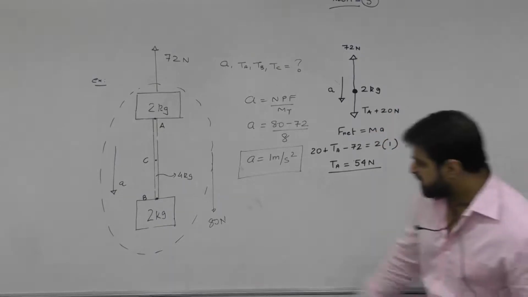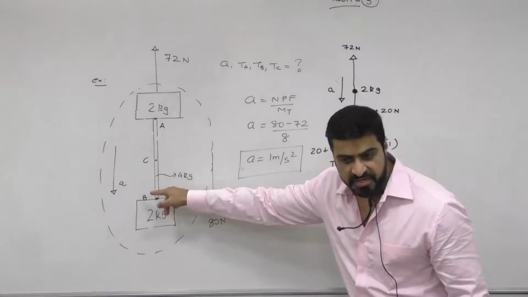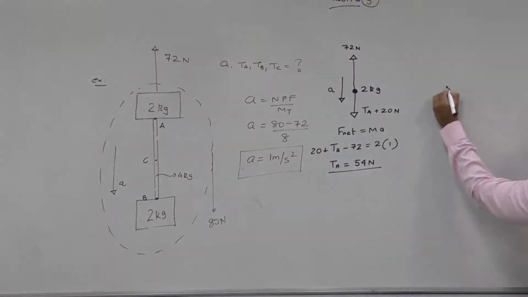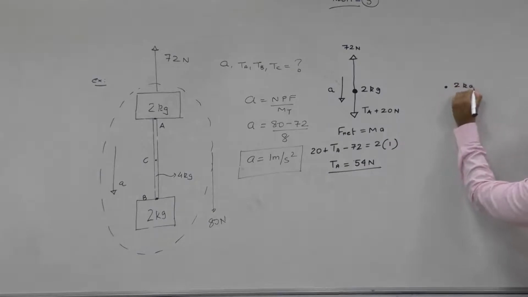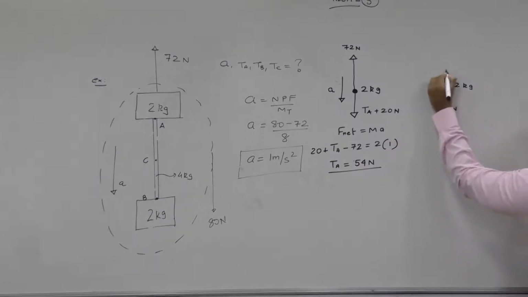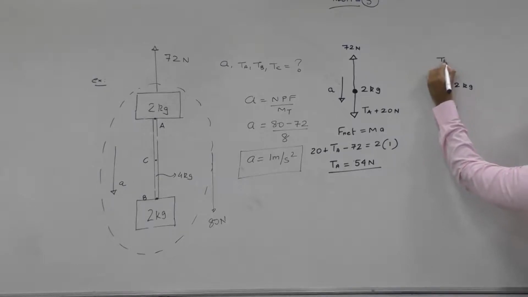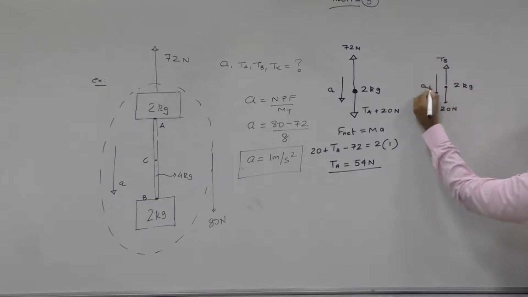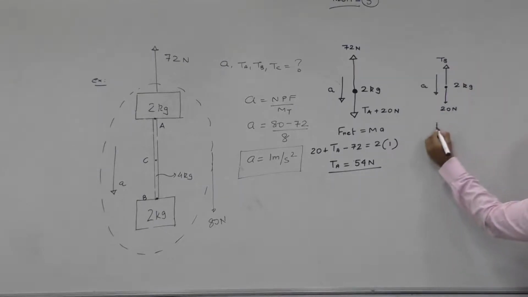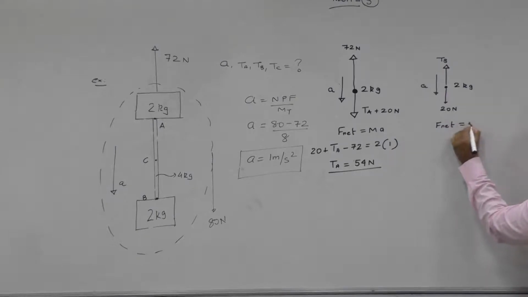We come to TB. To find tension at B, cut the rope at B. It's 2 kg. What is acting down? What is acting up? TB, because tension is away from the body. There's net force MA.